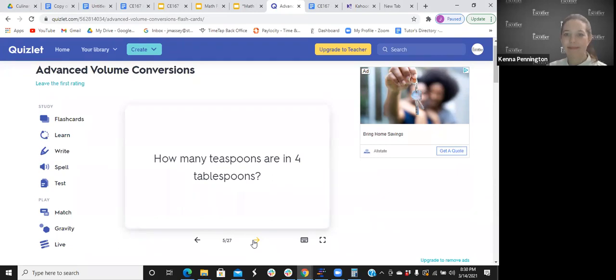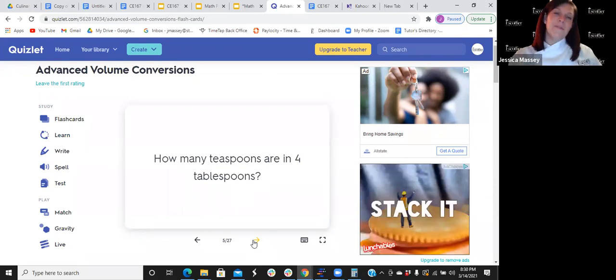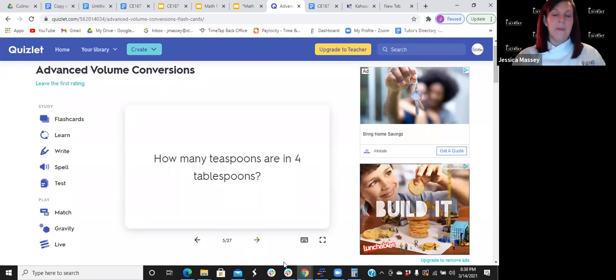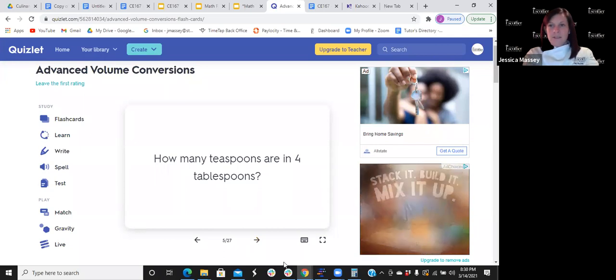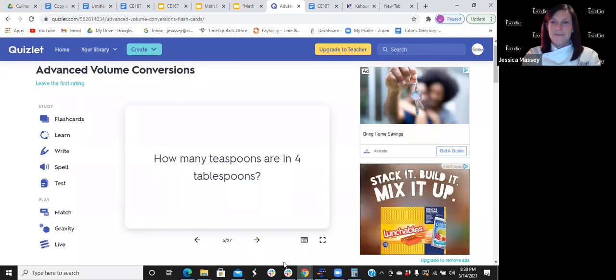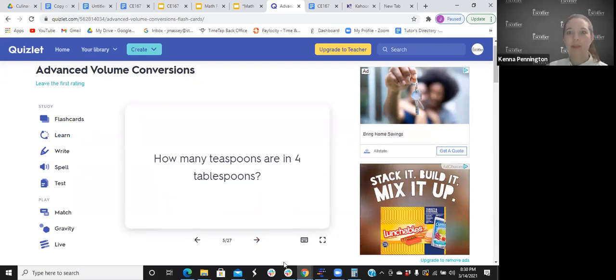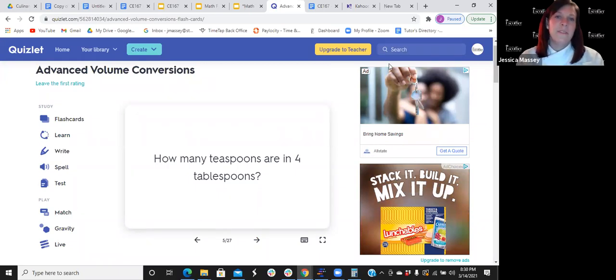How many teaspoons are in 4 tablespoons? I'm not going to walk you through it. I'm going to make you do it on your own this time. I'm just giving away the answers. So hard not to, though. I'm not even going to say it.